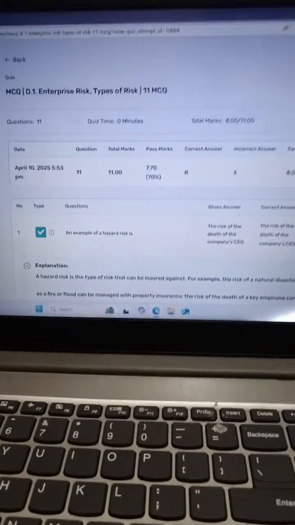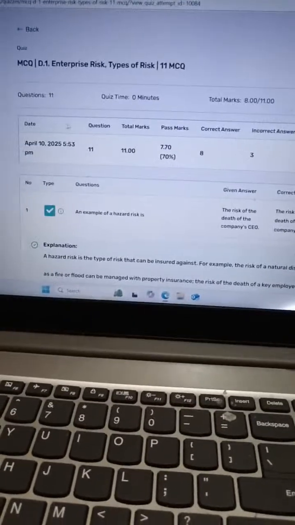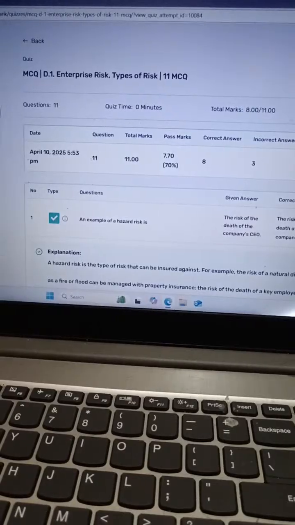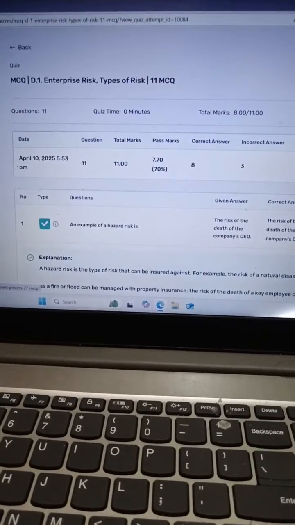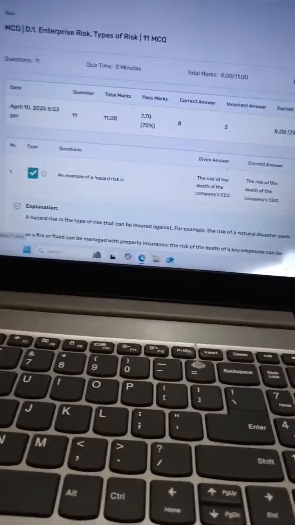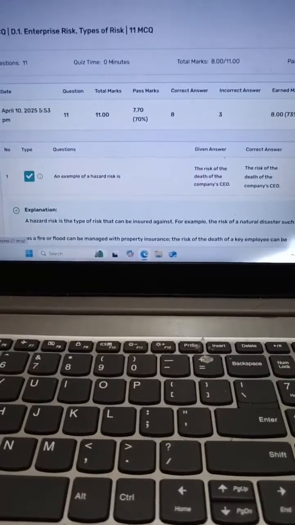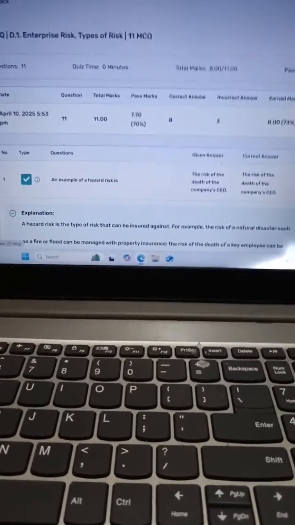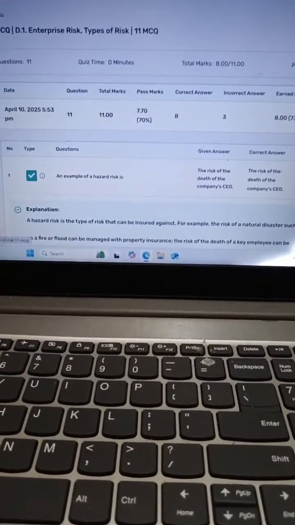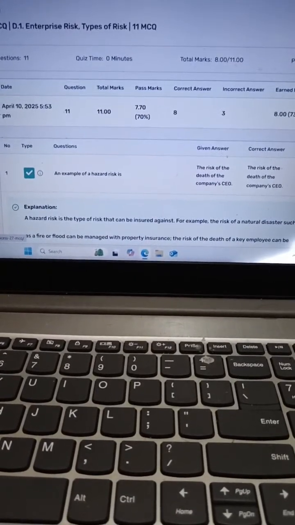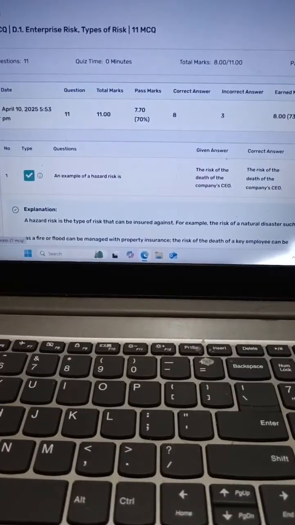And now I have another set of questions. This is one chapter for the CMA exam, and it will cover 10 percent of the total exam marks. This is enterprise risk management.